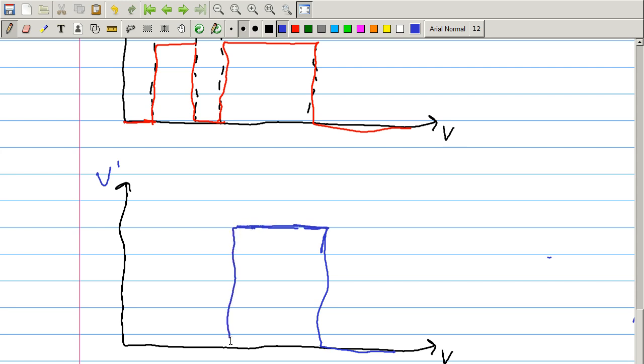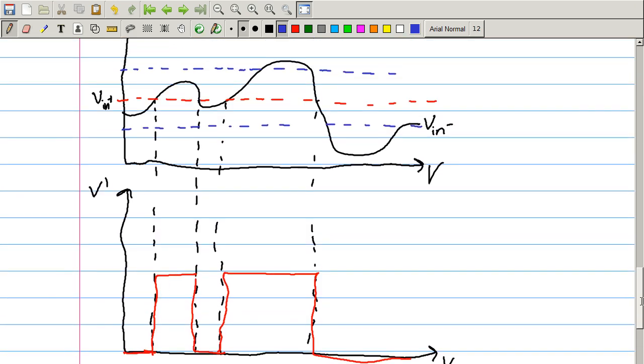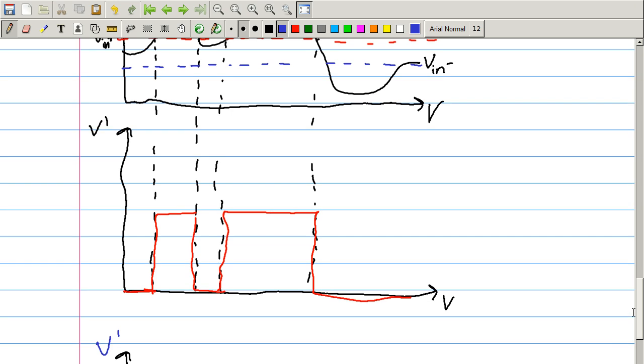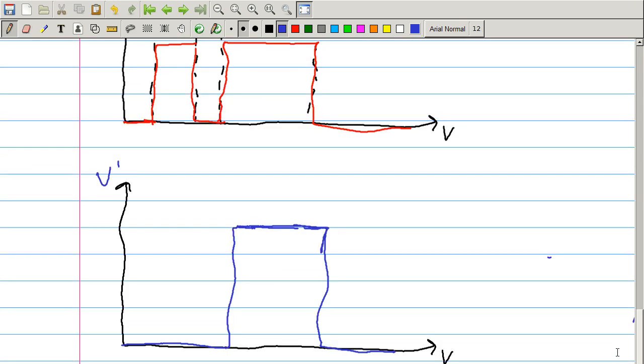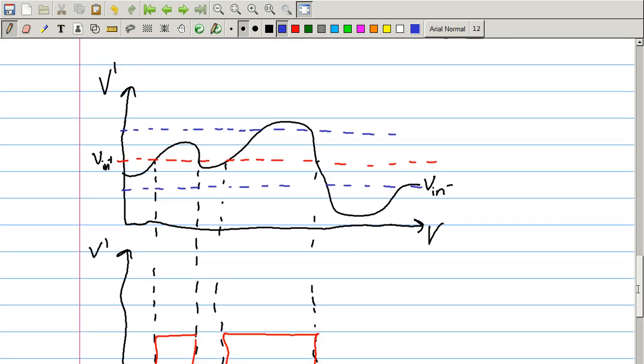There we go. So as you can see, and again, this is very poorly drawn, but I have a better example in a little bit. As you can see, this removes a lot of variability from the graph. You've gone from having a comparator output to a Schmitt trigger output, which has two reference voltages.